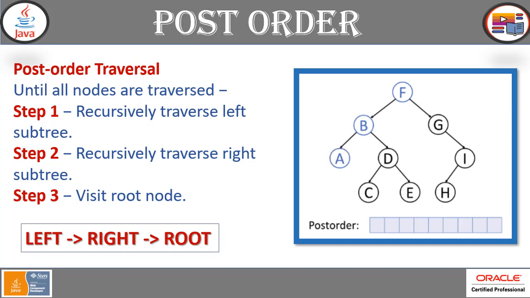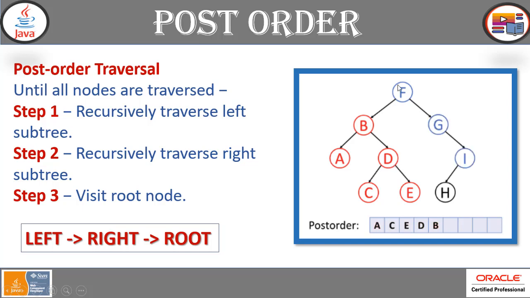So post-order traversal will traverse all the nodes of a tree recursively, and in the first step it will check for the left node of a subtree, and as you can see A, and then it will check for the right node of the tree, and if it has a further subtree, then it will check again for its left node, since it is C. So you can see A, and then it will check for the D, and then it will check for the left node C, and then check for the right, and then root.